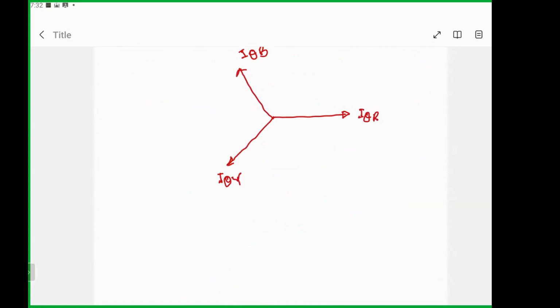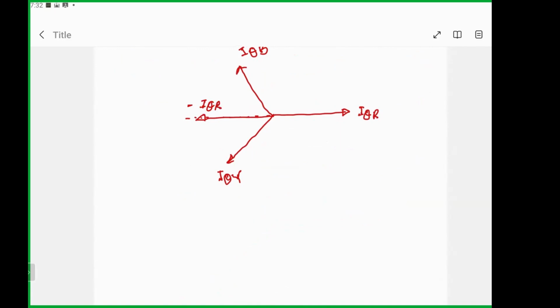So I need to extend this one, and that will be the same length. Let's say this is my I theta B, and I theta R will be negative.